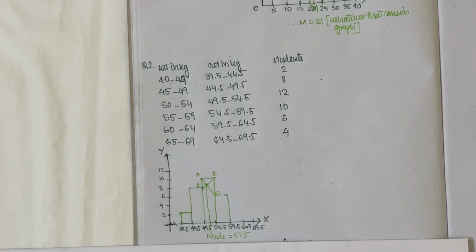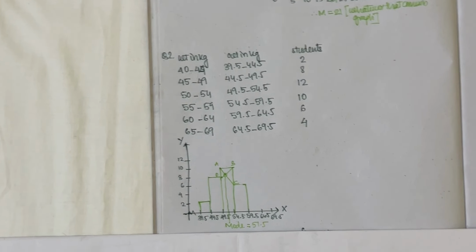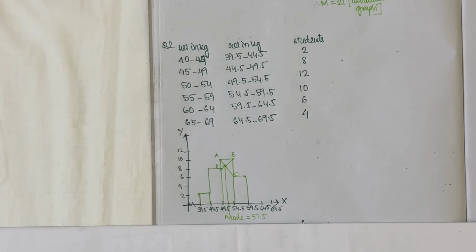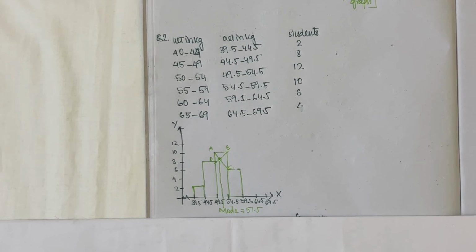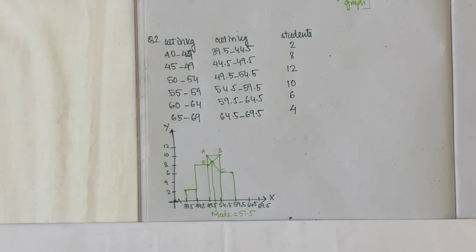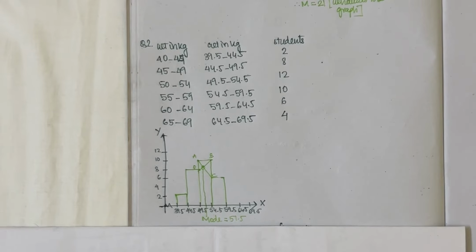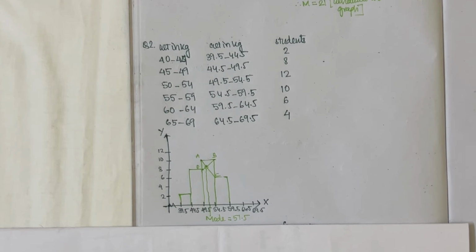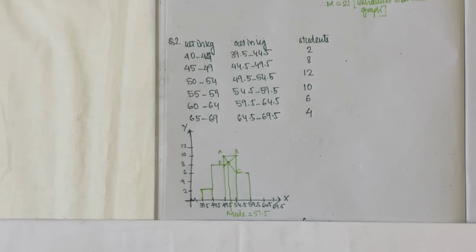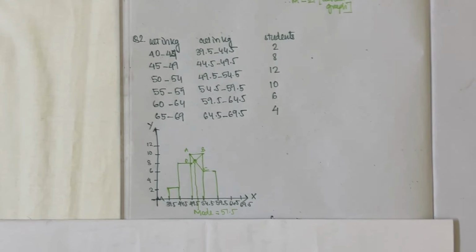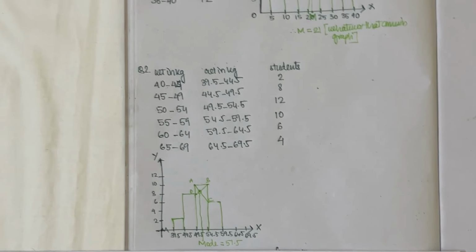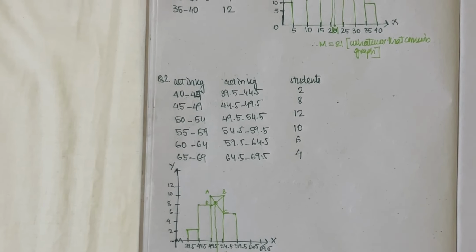Now see, weight is given as 40 to 44, 45 to 49, 50 to 54, and so on to 65 to 69. Here you can see the values of the class interval are in discontinuous form. So we have to take it in the continuous format. To take this, you can add and divide it by 2, but mostly in ICSE case it is the 0.5 difference.